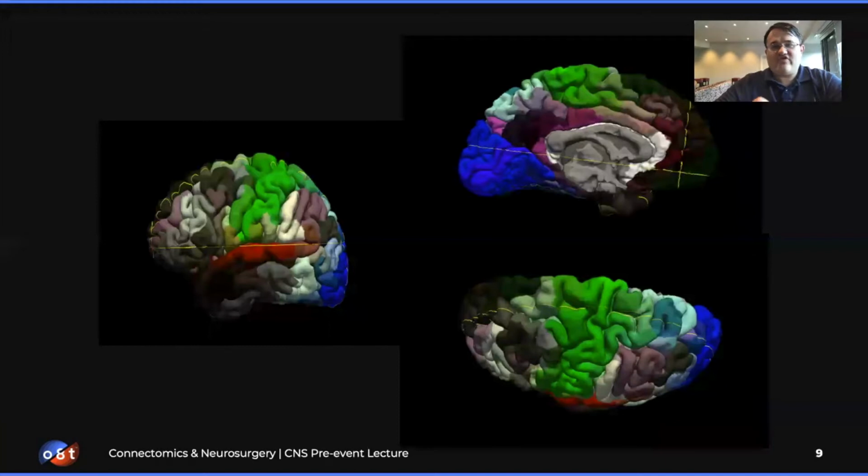But let's say we were to look at the data at every single voxel on that MRI. It's an extremely high dimensional data set with hundreds of thousands of data points to talk about. And so it's very challenging to be able to make sense of this. In fact, we really need machine learning and powerful computers to help transform this into something that we as humans can act upon.